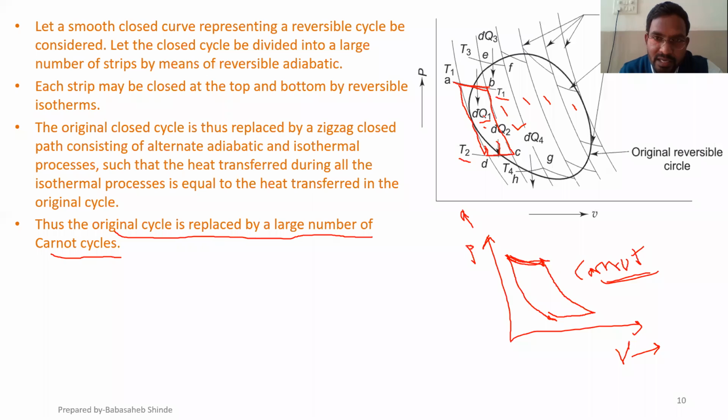Now for a Carnot cycle, we know that if dQ1 is the heat entering the system at temperature T1, then this dQ1 will be proportional to temperature T1. Similarly, if dQ2 is the heat leaving the system at temperature T2, then this dQ2 will be proportional to temperature T2. This one we know, right?